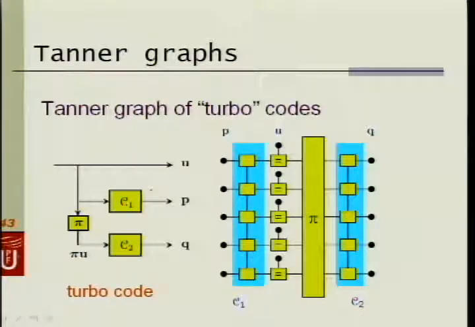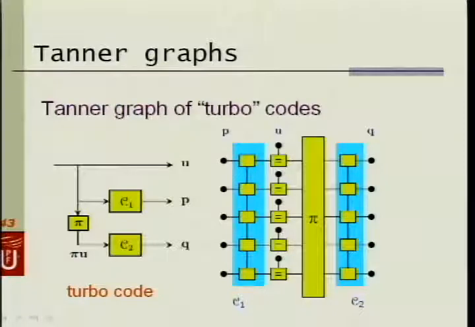We disregard the first part and we only send to the channel the parity check symbol of this convolutional encoder. Then we take U one more time and pass it through a permutation, an interleaver. We get the scrambled version of the symbols U. We send them through another convolutional encoder, which may be equal to the first one. And we do the same: we take the parity check symbol and we send this to the channel.